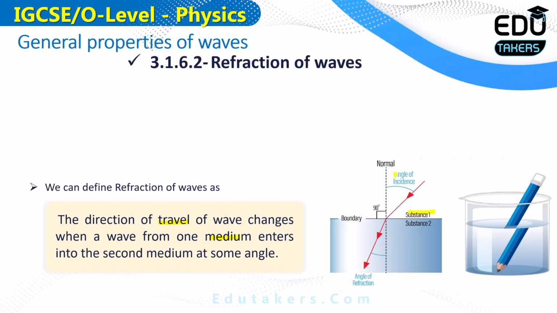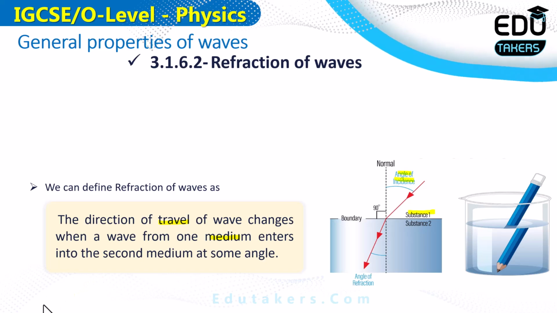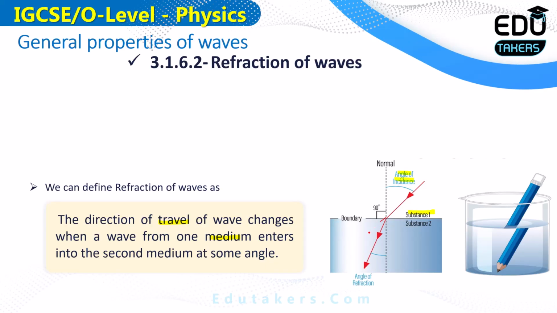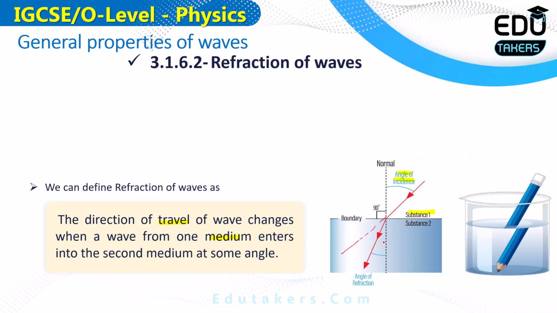It makes an angle of incidence with the normal line, and when this enters into substance 2, you can see here the direction of this wave changes. It would travel in the same direction in a straight line, but it bends towards the normal. And this angle is basically the angle of refraction. This phenomenon is called the refraction of the wave.